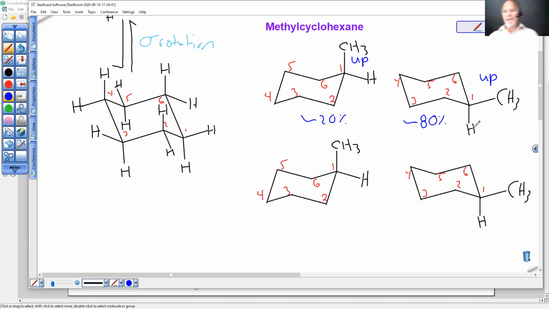The other question is, does axial switch to equatorial, or does axial stay axial? And that question is answered in purple. It's up axial in the first one. And because you did sigma rotations, it is now up equatorial.